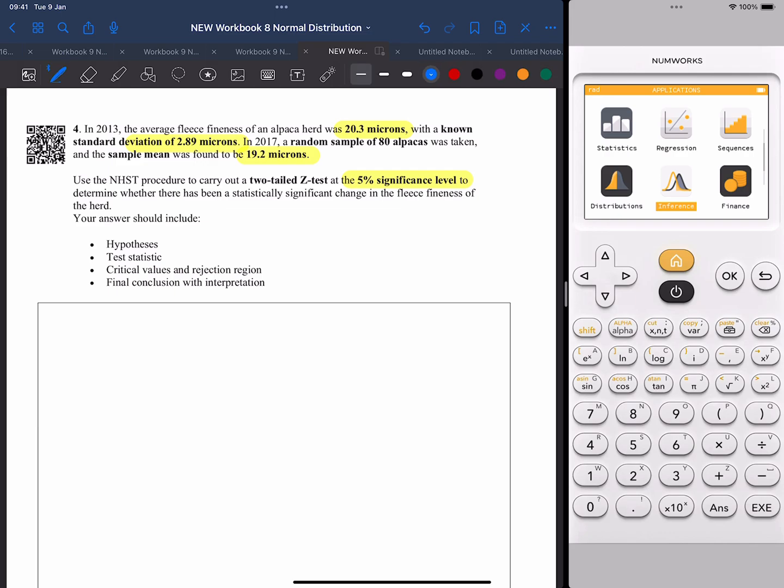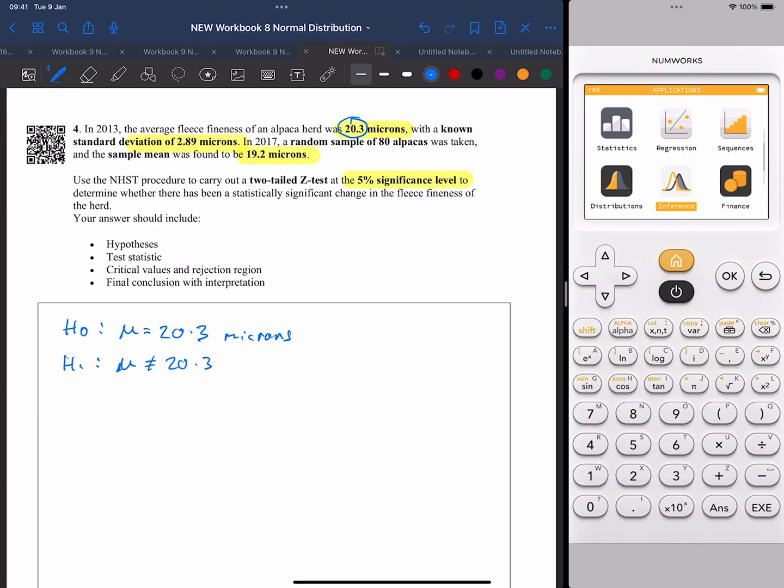So the first thing is my null hypothesis, H0. That is where mu equals 20.3 microns, because we want to know, has it changed since 2013 or not? Now our alternative hypothesis, because it's two-tailed, will be not equal to 20.3, so it has changed.